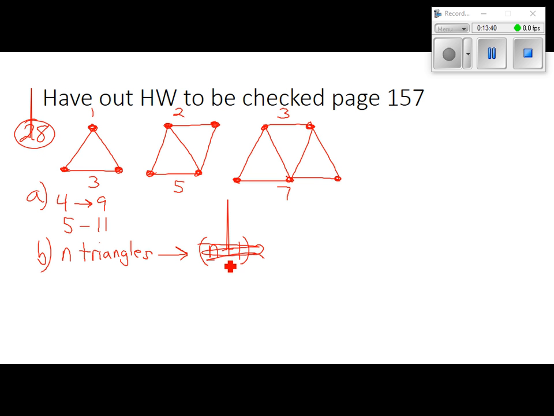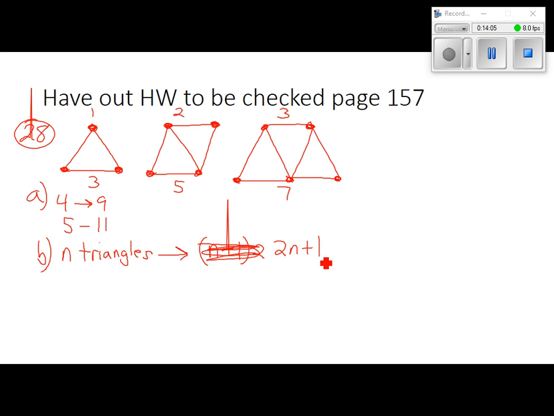It's 2n plus 1. See if that works. 2 times 1 is 2, plus 1 is 3. So that worked there. 2 triangles, 2 times 2 is 4, plus 1 is 5. 2 times 3 is 6, plus 1 is 7.